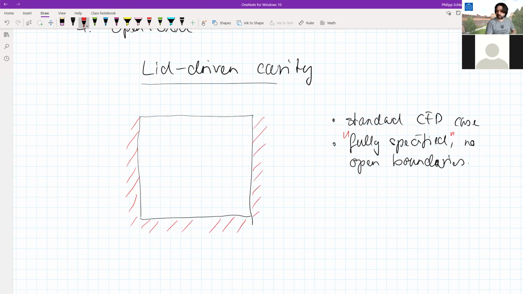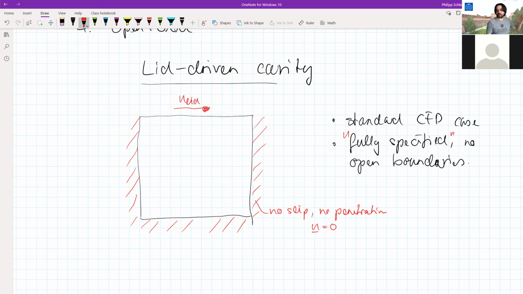So on those solid walls, we will have no slip and no penetration boundary conditions. That means the velocity vector should be 0. And on top, we have a moving belt with a velocity of, let's say, u lid.